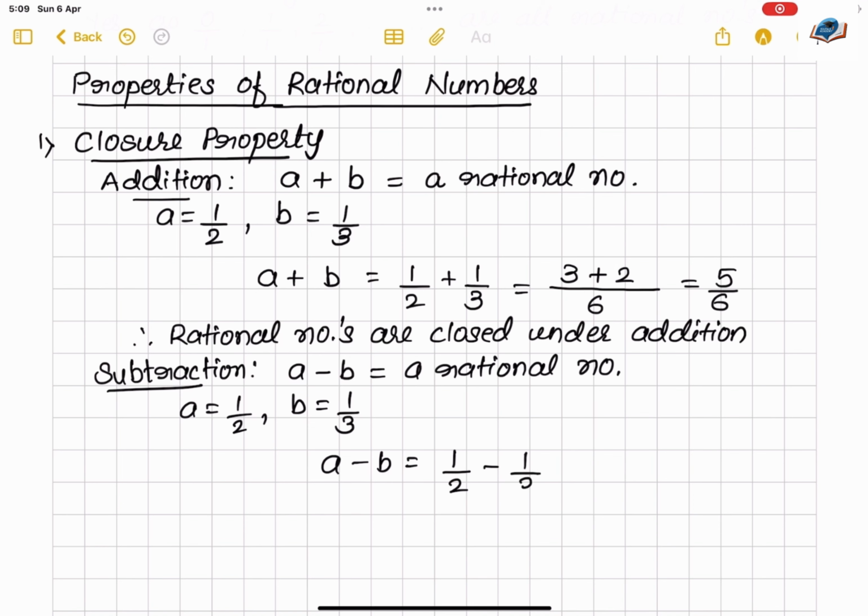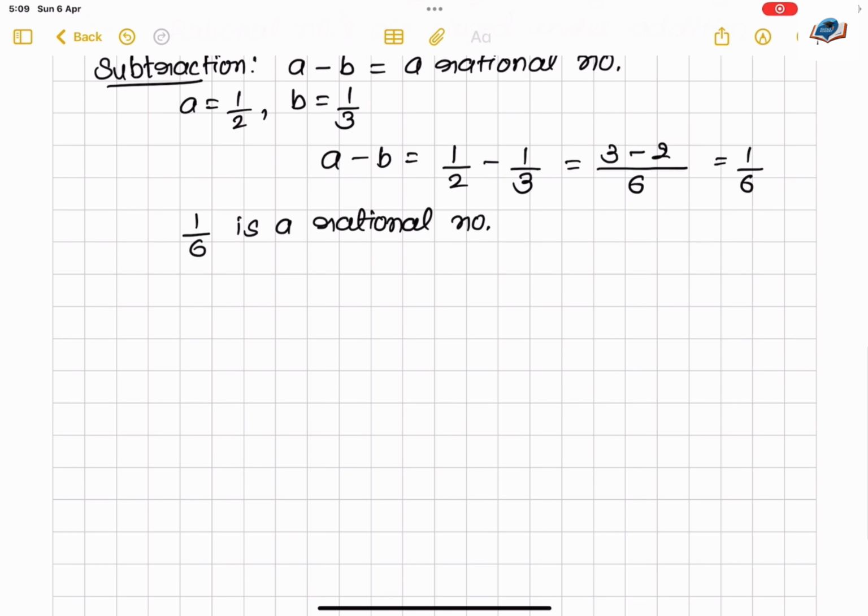Again the LCM will be 6 and 3 minus 2. So this came as 1 upon 6, and 1 upon 6 is a rational number. Therefore, rational numbers are closed under subtraction.